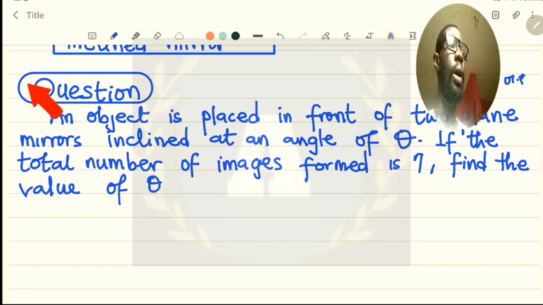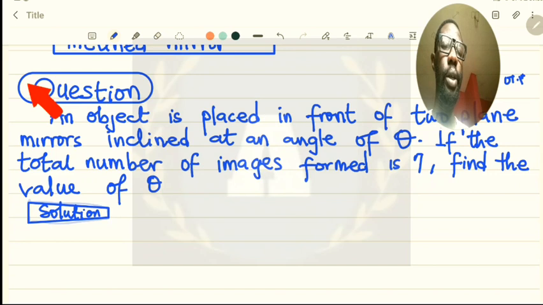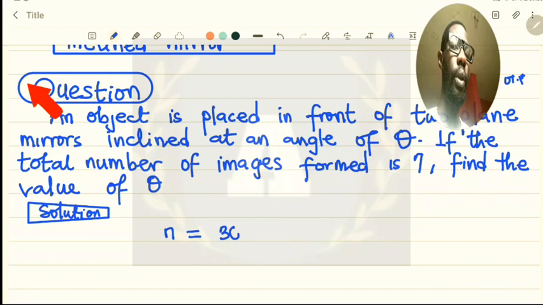Okay, we are asked to find the value of theta. Now, how do we solve that question? For this kind of question which has to do with inclined plane mirrors, we know that the number of images is equal to 360 divided by theta minus 1.